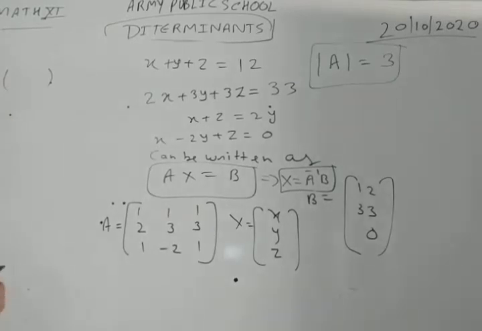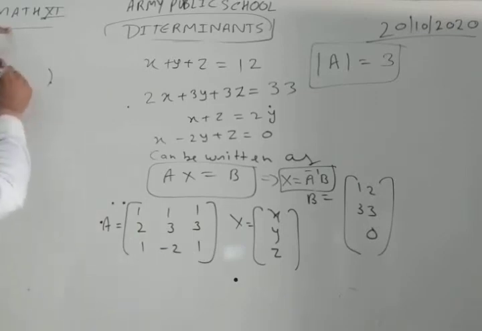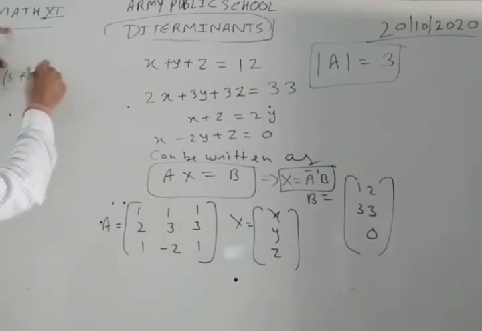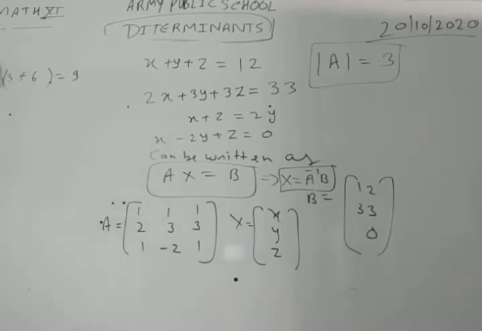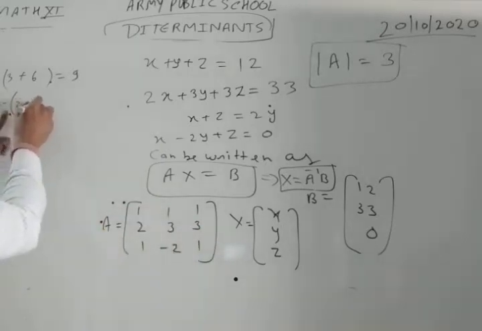For the adjoint of A, we will calculate the cofactors. A11 is 3 plus 6, which is 9. Now A12 is minus with minus sign, 2 minus 3, so it will be 1.